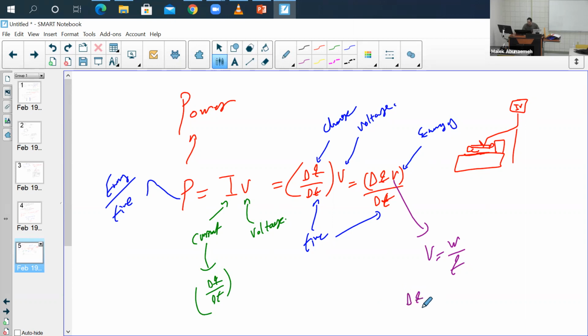So when you have your charge multiplied by the voltage, that's your charge multiplied by the work divided by the charge.